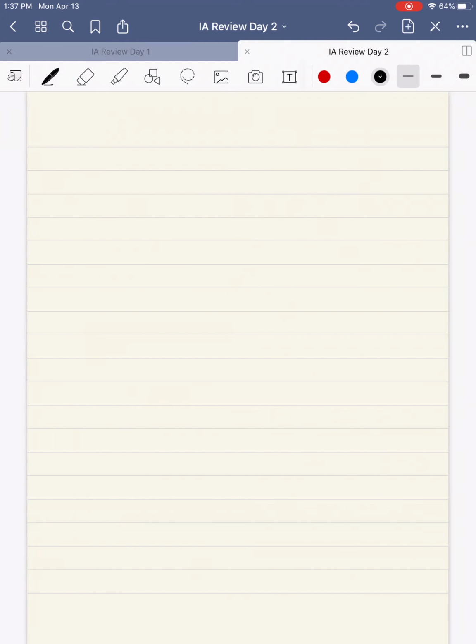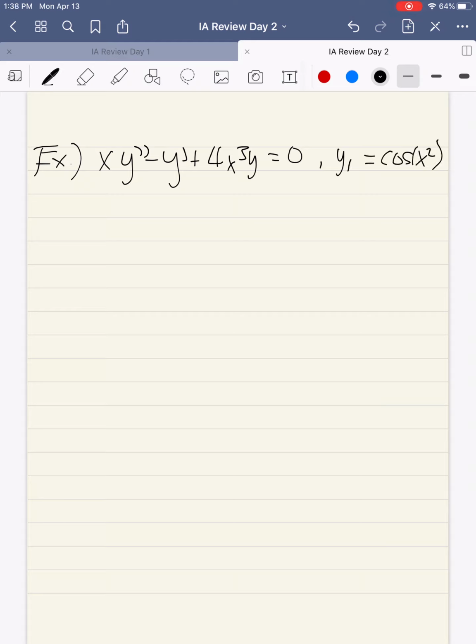All right, so looking at our last example here, we have x y'' - y' + 4x^3 y = 0, where y1 is equal to cosine of x squared.